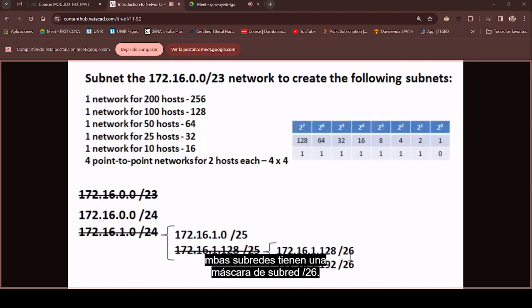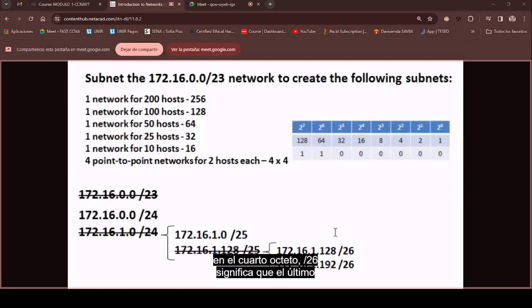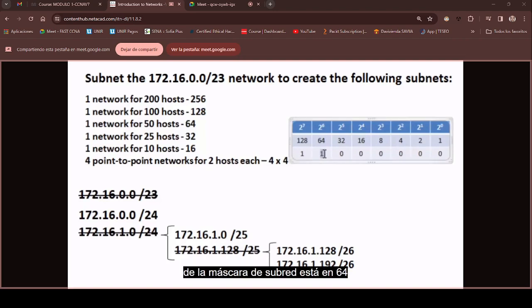Both of these subnets have a /26 subnet mask. If I was to write this subnet mask in the binary conversion table here, we would see that in the fourth octet, /26 means that the last one in the subnet mask is in the 64's place, and the networks go up by 64.